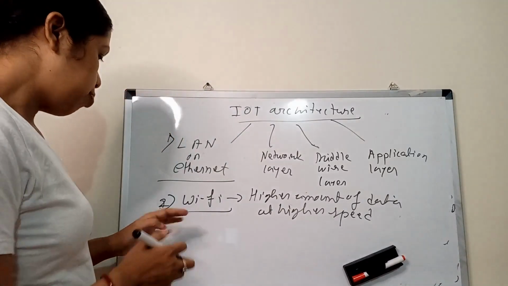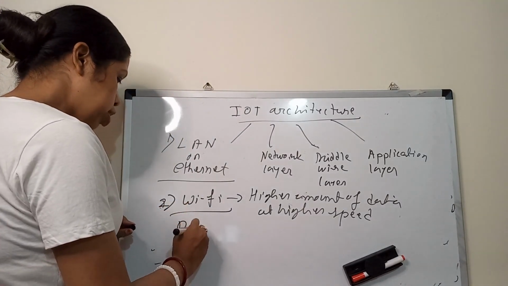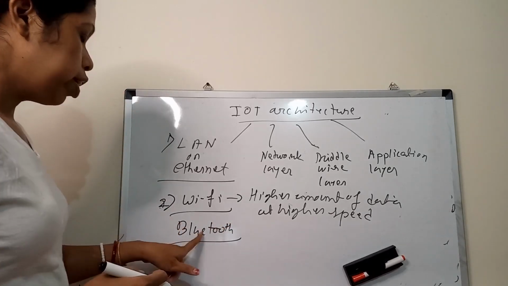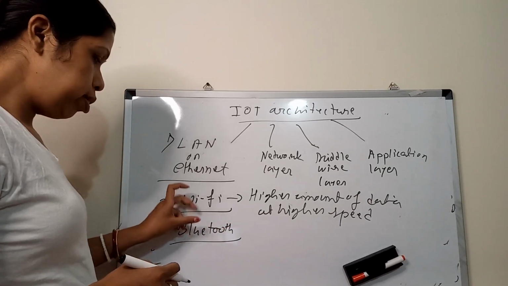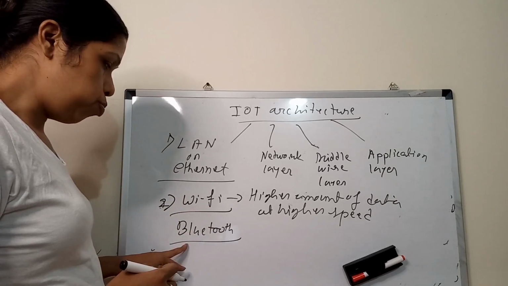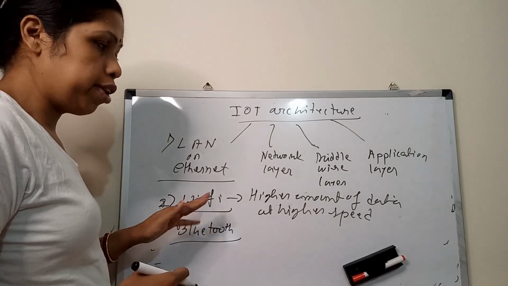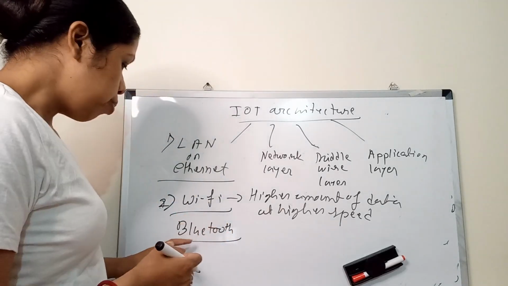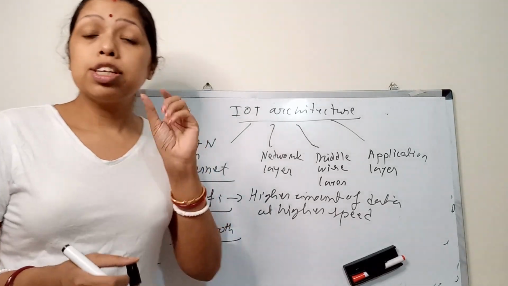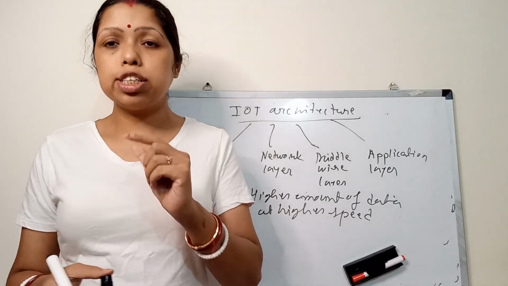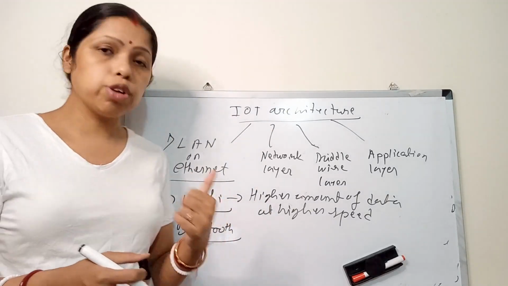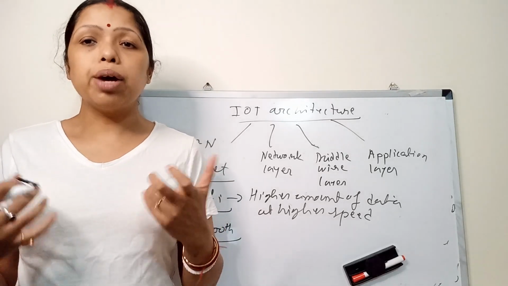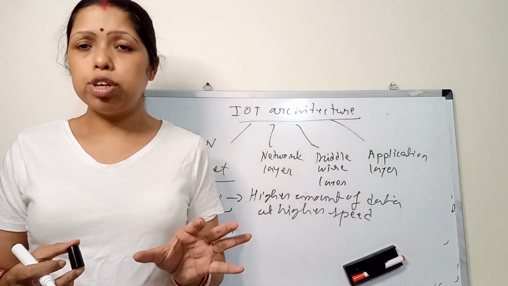After that you can think about Bluetooth. What are the main differences between Wi-Fi and Bluetooth? You can use Wi-Fi for medium distance, not long distance, but Bluetooth you can use for small distance devices, and you cannot send a higher amount of data through Bluetooth.